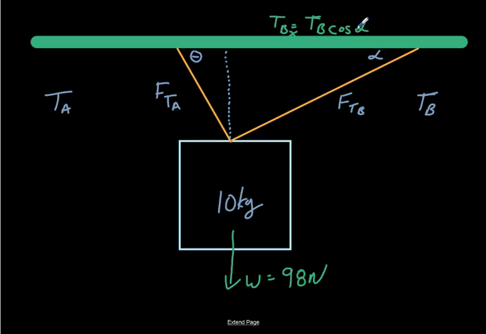Does that make sense? The X component of TB is found as TB times the cosine of alpha, and that's going to be pointing in that direction. And we're going to say the same thing over here: TAX is equal to TA cos theta, and that is going to point in that direction.